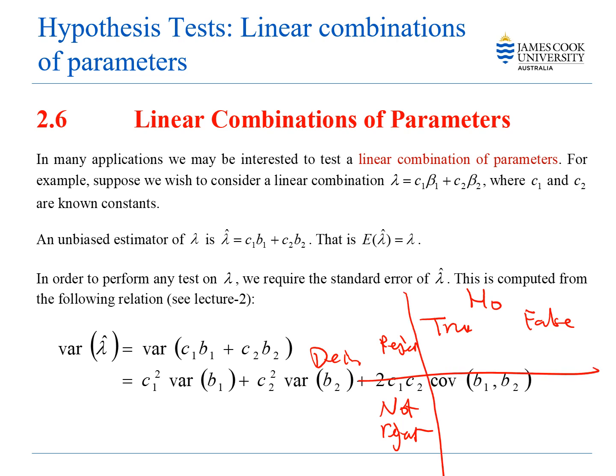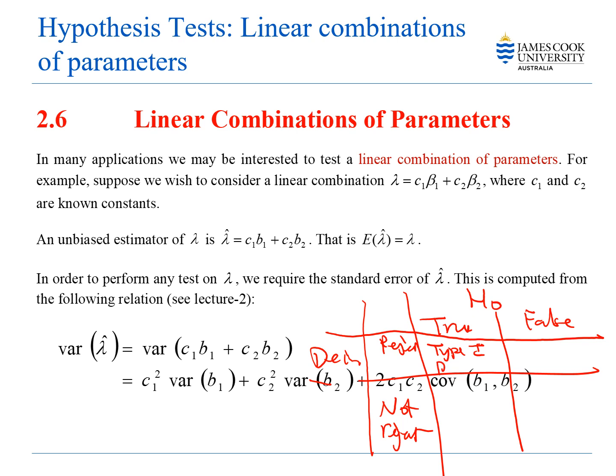In such cases, we can categorize them into 4 situations. First, if the null hypothesis is true and our decision is to reject it, then we are making an error. We call this type 1 error.